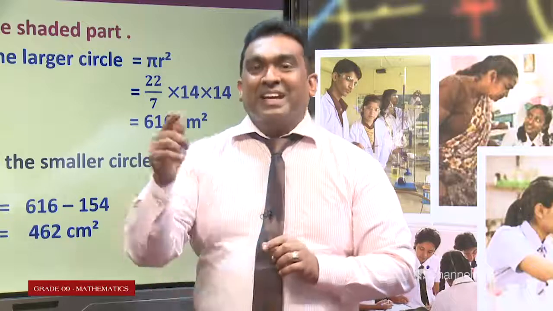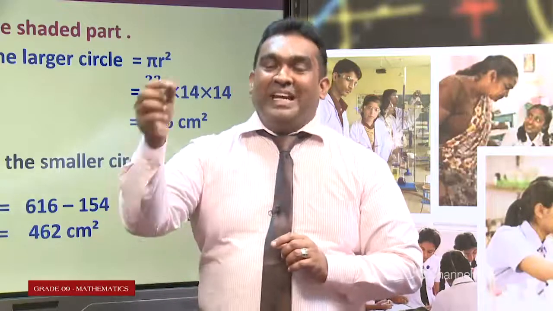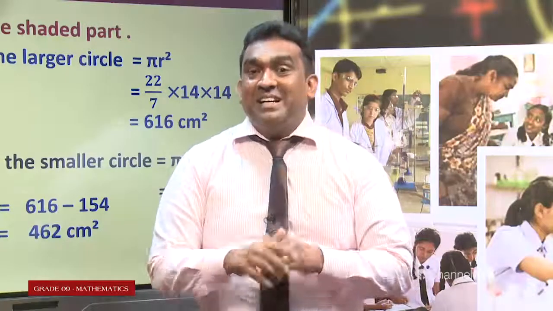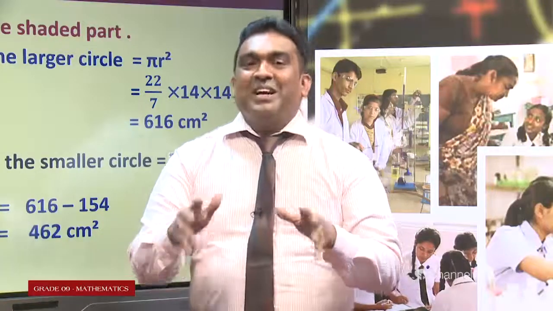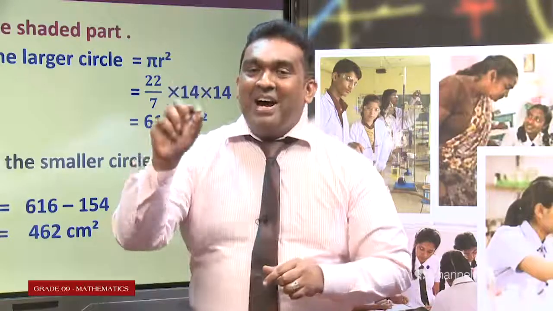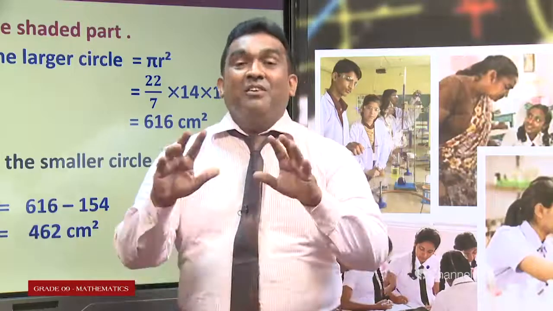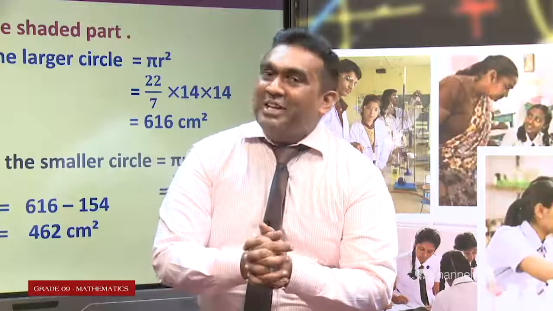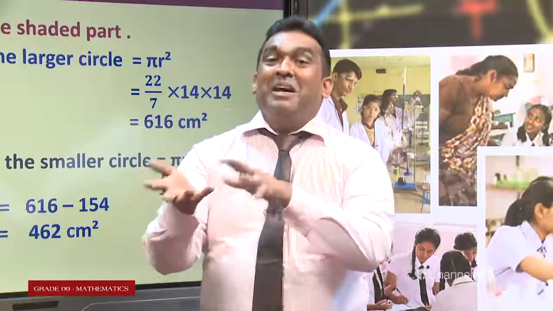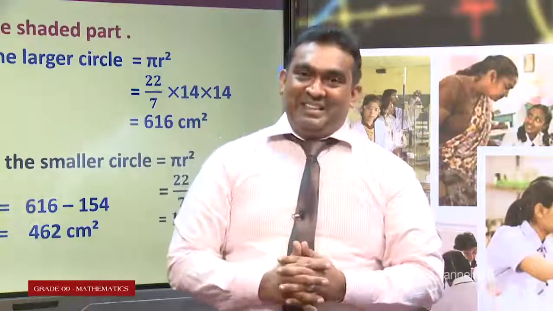Rectangle. Area of a rectangle is equal to length into breadth. Then we considered triangle. How to find out the area of the triangle? Half into base into perpendicular height. Then area of a square. How to find out the area of a square? Side length multiplied by side length.